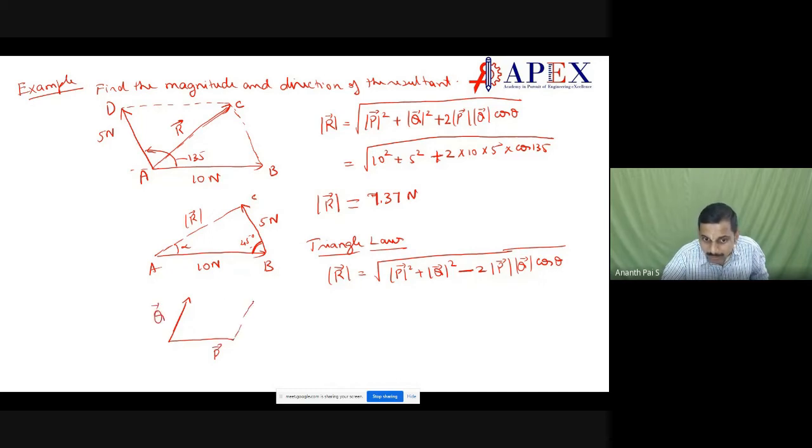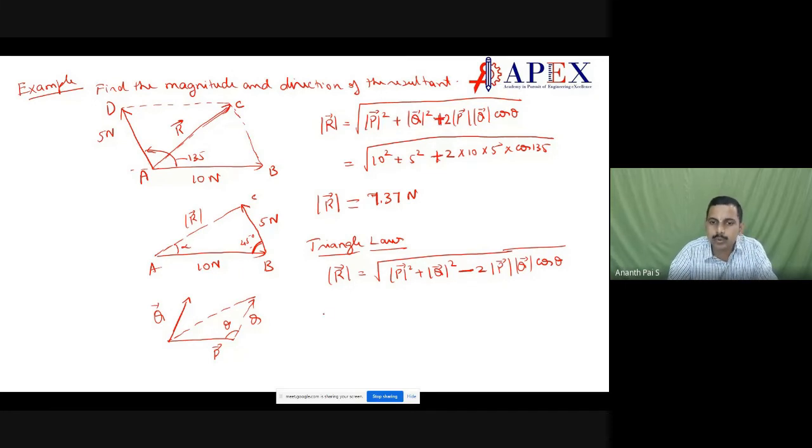What is the angle between them? Because theta is more than 180, this comes negative, and it comes to the same parallelogram law. So if it is triangle law, you have to have a minus. If it is parallelogram, you have to have plus. Make sense, students?